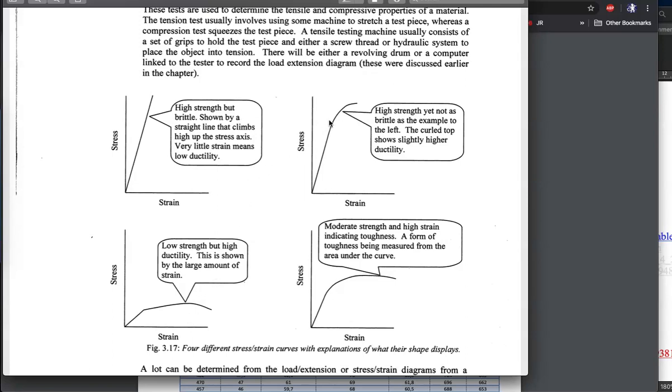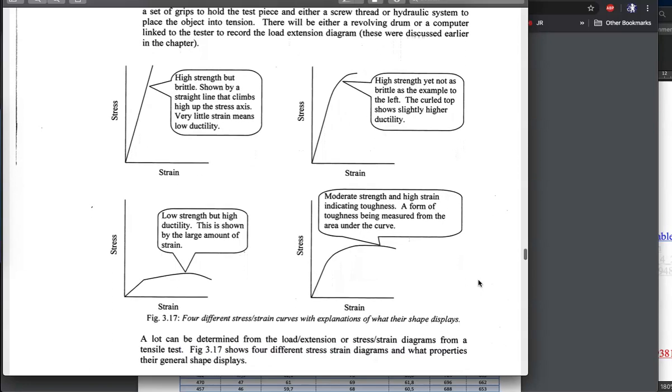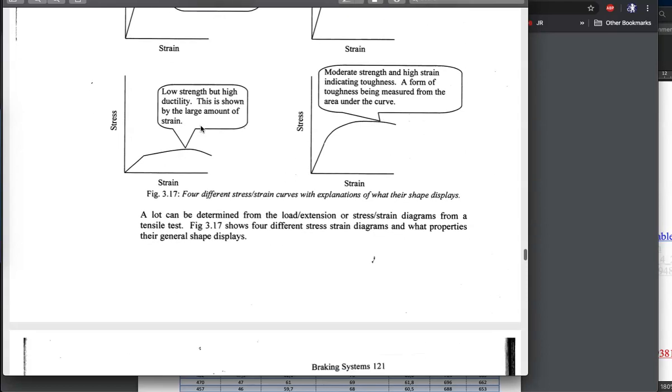This one here has some plasticity, whereas this one we'd call brittle because it's a stiff material. They're all pretty stiff materials, but this one is brittle because it doesn't have any plastic deformation at all, and very stiff. This has lower strength. How we can measure strength is its height on the vertical axis.